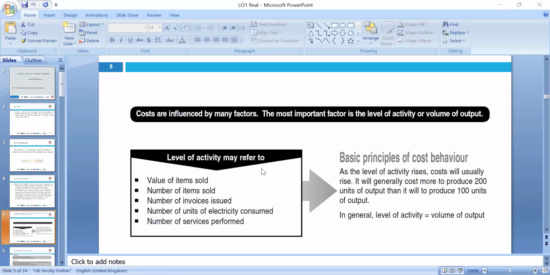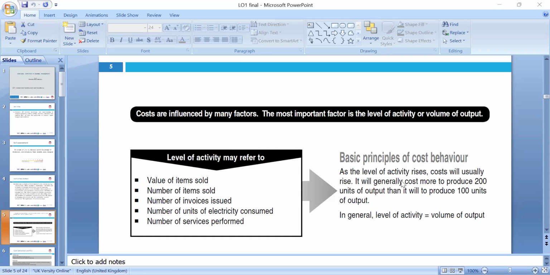in our costing, we look at how many units we bought, how many units we sold, how much the invoice was worth, how much electricity we consumed. All these are looked at in cost.